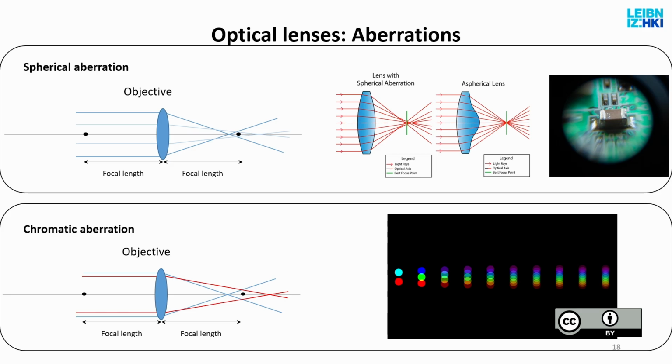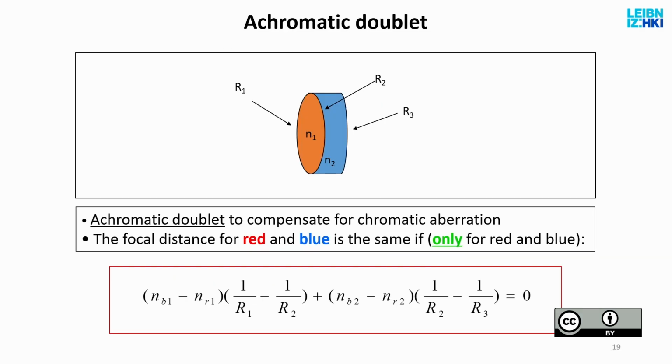They will be split into a rainbow, basically, because the lens does not focus different colors at the same focal point. And that's a big problem because you can solve this practically only for two, maybe three colors.